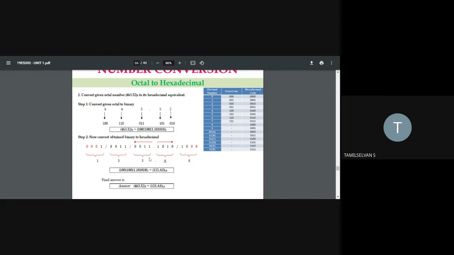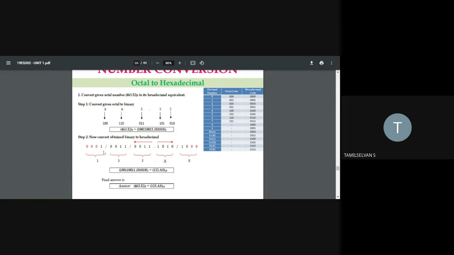So to take this number, in the whole number 1100 has been separated, and there is only a single bit available, so I can add 3 zeros before the single bit, right? We can easily identify it by the use of this table.